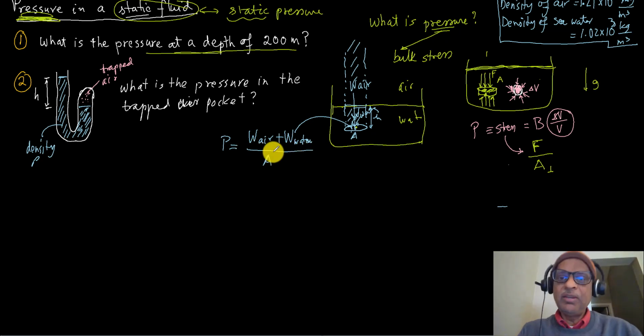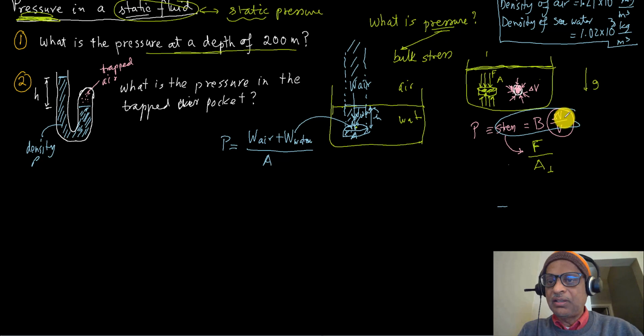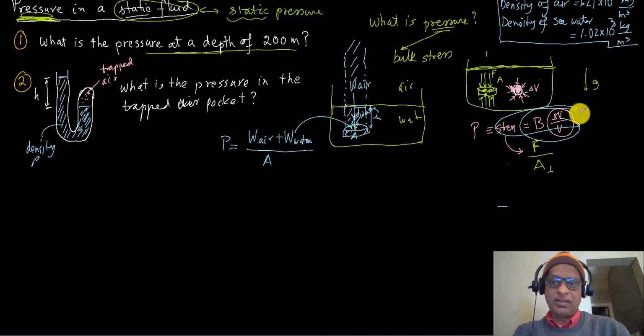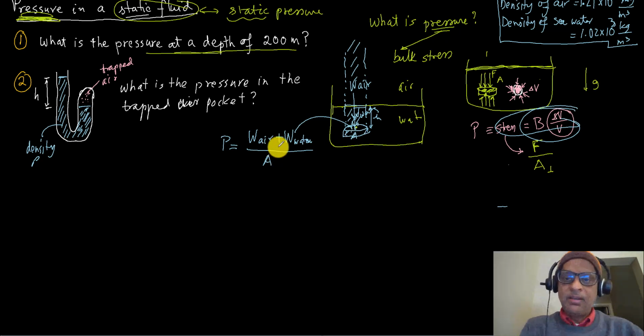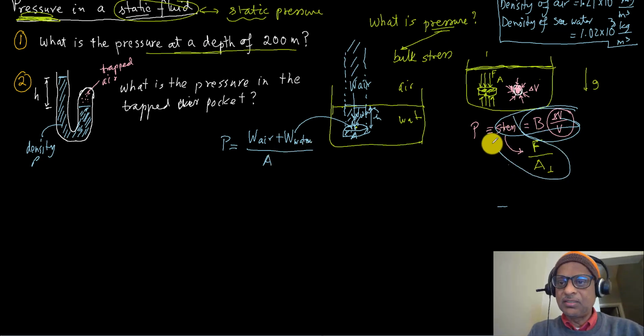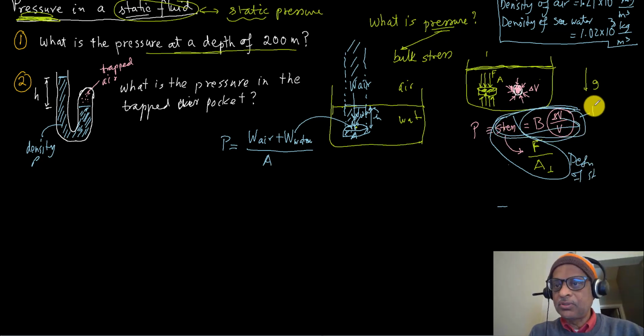If I were given some kind of deformation over here, I could use this, but it's not given. The volume change is not given, so you don't really go that direction. You can go this direction just from the definition of stress. This is just the definition of stress, and the other direction is Hooke's law for bulk modulus.